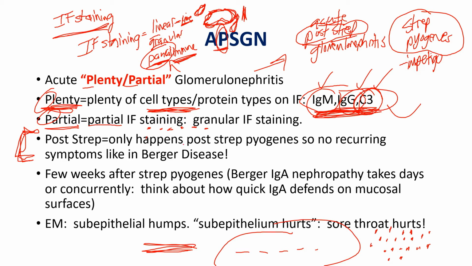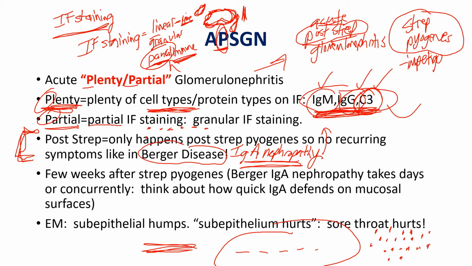Now that is in comparison to Berger disease, which is coming up. This is also known as IgA nephropathy. This is the one I was telling you earlier, how I'm able to remember that IgA is not involved in the staining of Poststrep glomerulonephritis, because it's literally the other name for this disease, Berger disease.